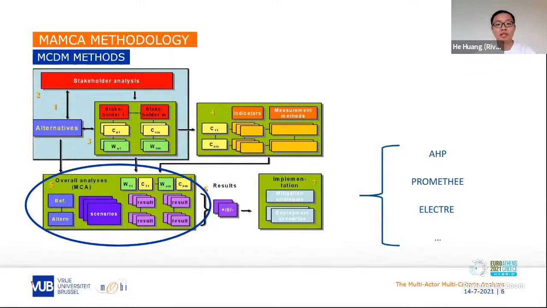It should be noted that any MCDA method can be used to assess the different alternatives, such as AHP, PROMETHEE, and ELECTRE. This method gives each stakeholder group the liberty of having their own criteria, weights, and preference structure, and only at the end of the analysis can the different points of view be confronted.